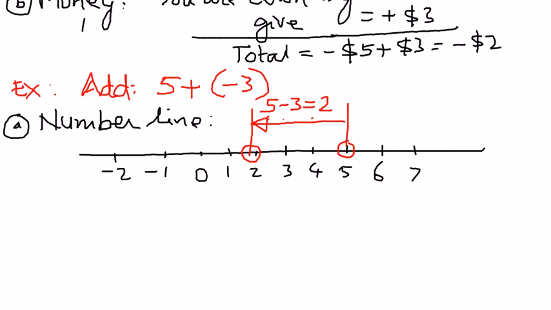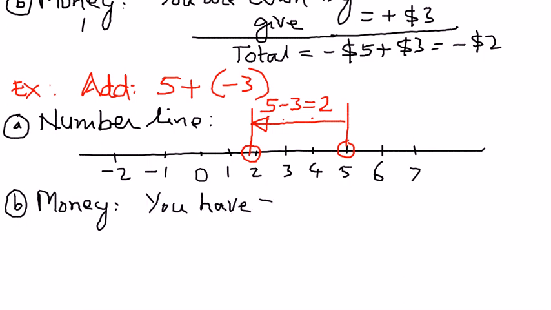The second method we were talking about is the money method. On the money method, we're going to say you have $5 with you. So you're on a positive balance, and you have to give your friend $3.